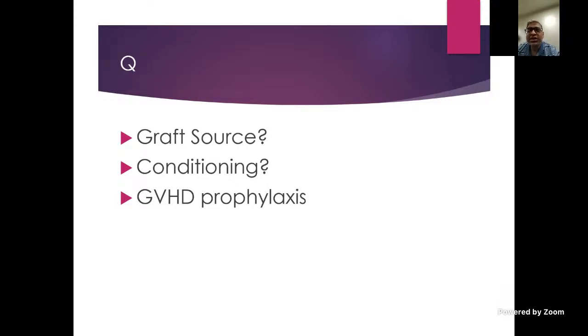And the conditioning, definitely RIC conditioning is preferred by us as a policy after seeing all the data showing lesser TRM with RIC conditioning, and equal or better PNH-free survival later on. So we used FB2 along with ATG, and recently we used fludarabine with treosulfan in RIC doses, along with a single fraction of TBI 200 cGy, and post-transplant cyclophosphamide as GVHD prophylaxis, along with cyclosporin and MMF.